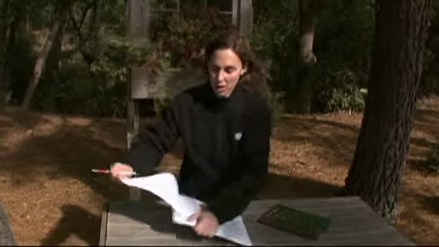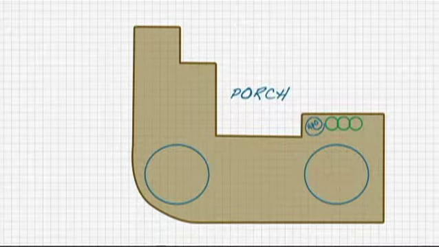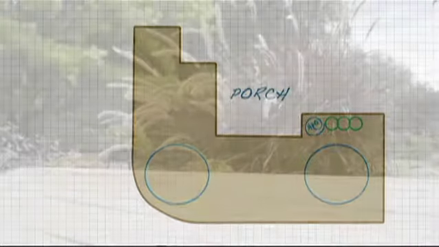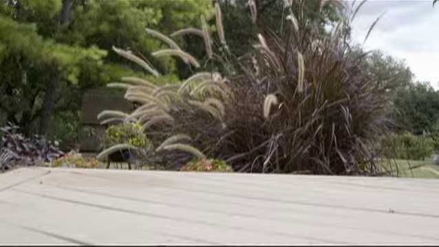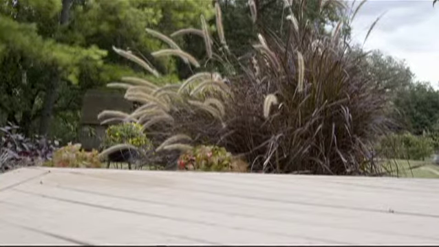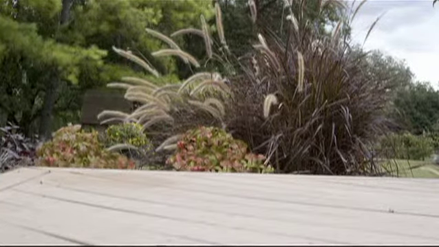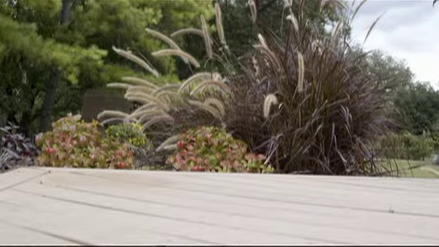Now our bed's a little bit different because it's also viewed from the porch side, and so we don't want our backdrop to be too tall or else you won't be able to see into the garden. So I'm going to add a rather low backdrop, and we already have some nandinas in place for this purpose. Now the nandinas right now are fairly small, but as they mature they should reach a height that's just maybe an inch or two above the level of the porch.